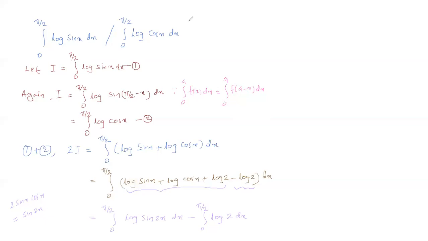We can split it. So what I did: I combined the first three terms, log a plus log b is log a into b, so it is log 2 sin x cos x. 2 sin x cos x is sin 2x, so it is log sin 2x. Then minus log 2 I separated, integral 0 to pi by 2 log 2.